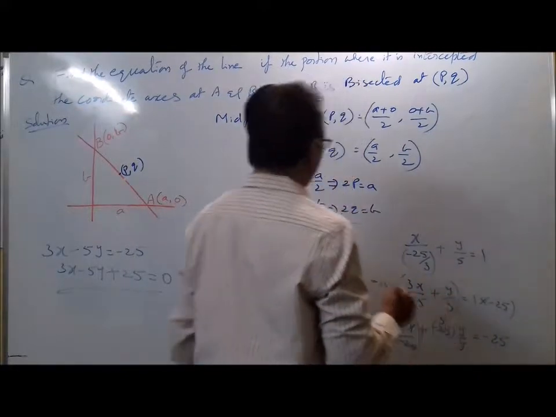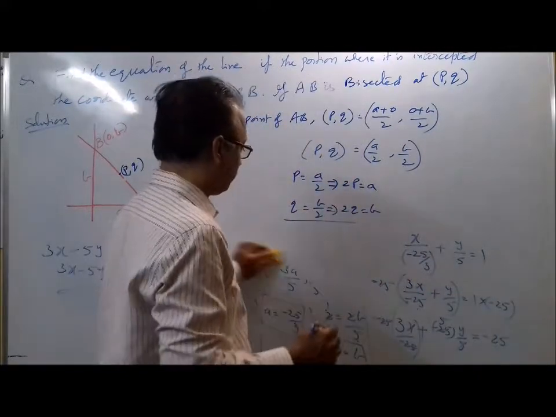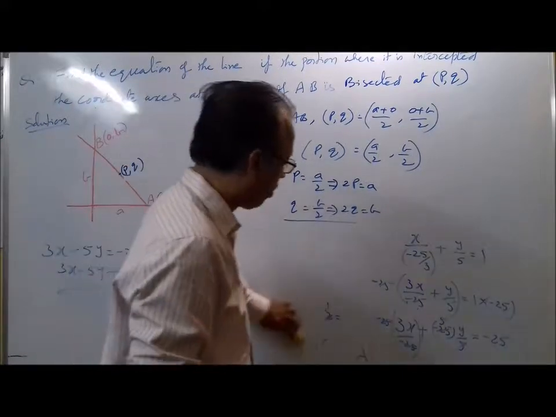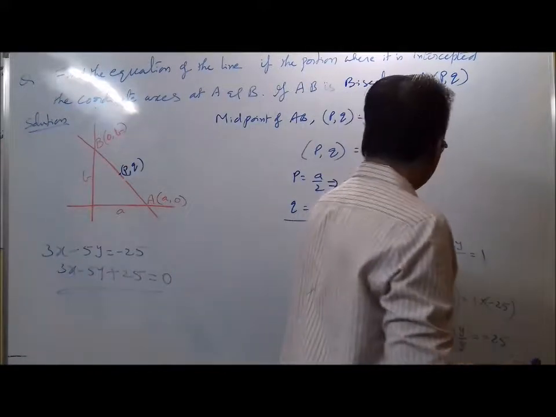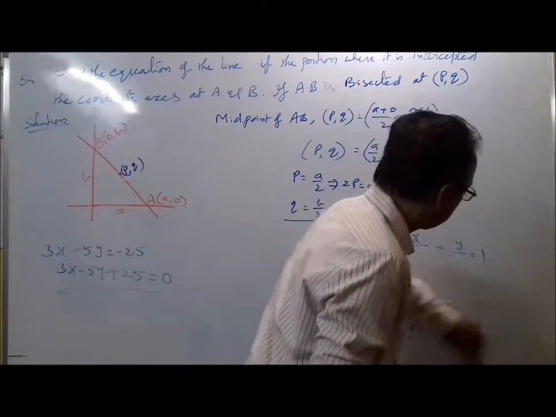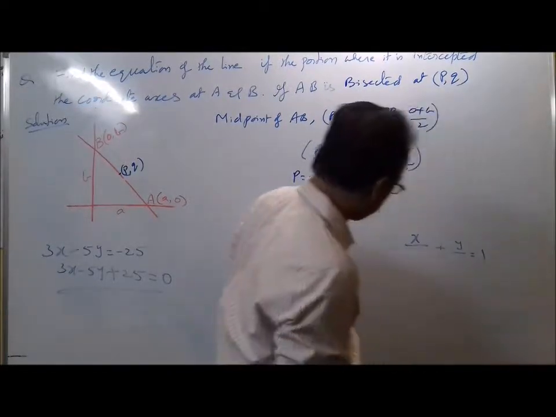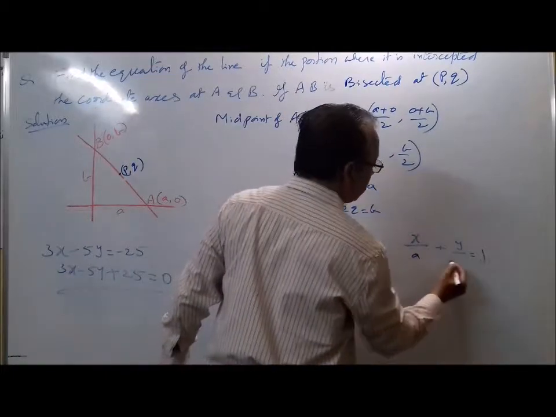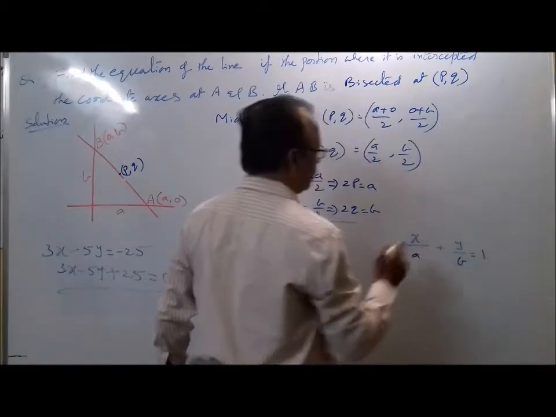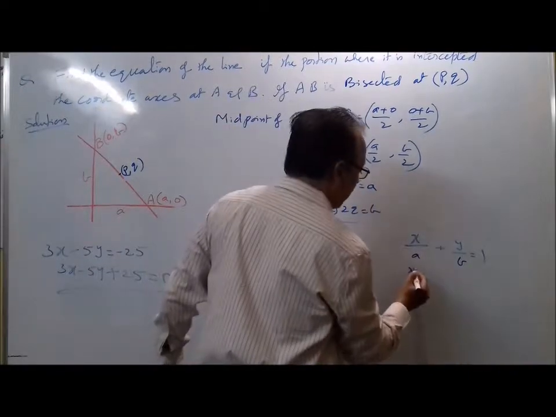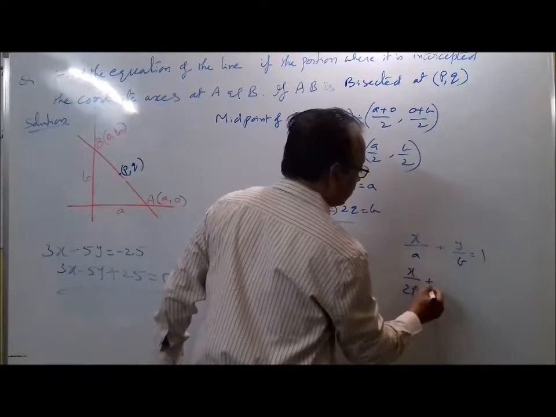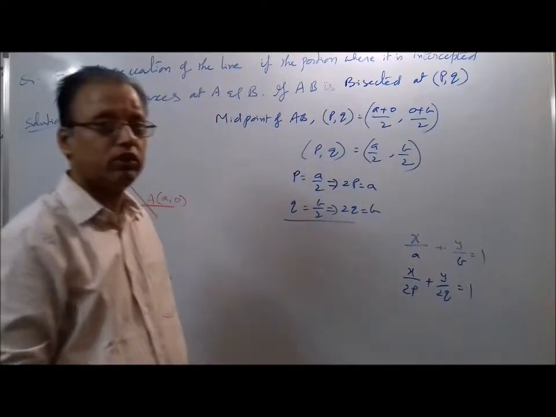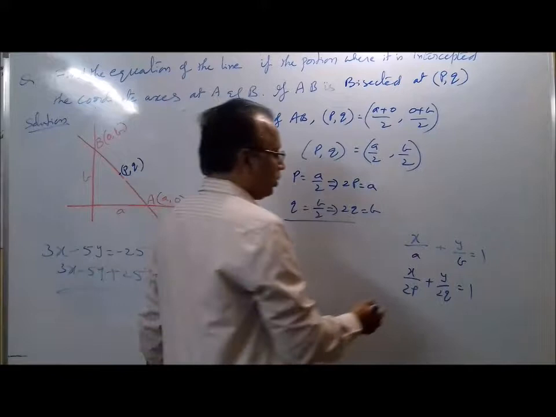So, what is the equation of the line now? Because the intercept form will not be changed. That is x by a plus y by b is equal to 1. But a is what? x by 2p plus y by 2q is equal to 1. So I take LCM 2pq.